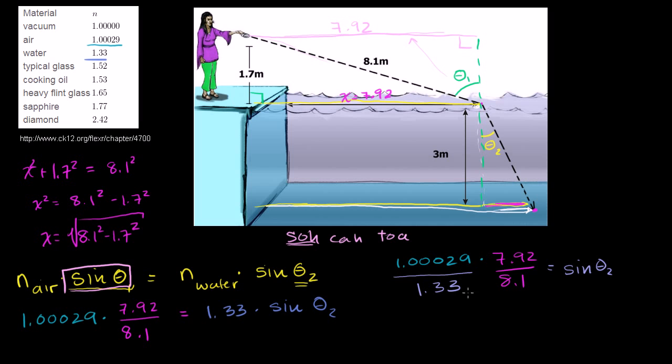So let me write this down. We have 0.735 is equal to the sine of theta 2. Now we can take the inverse sine of both sides of this equation to solve for theta 2.